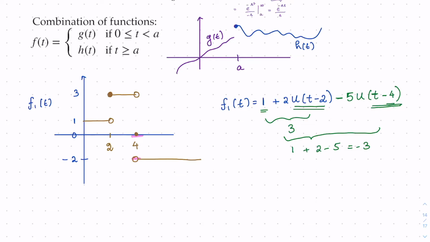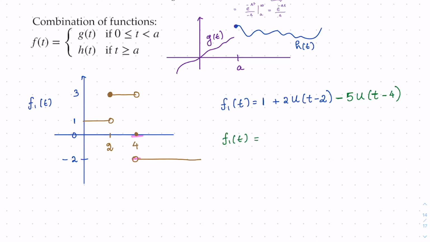And if I write this function algebraically, in a regular way, f1 of t is equal to 1 whenever t is between 0 and 2, it is 3 whenever t is between 2 and 4, and it is -2 whenever t is greater than or equal to 4.